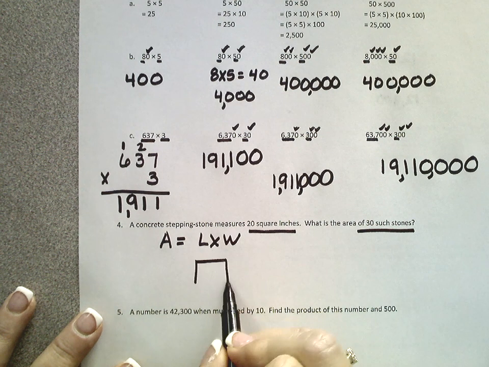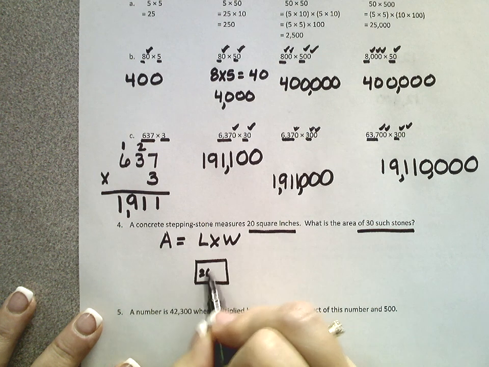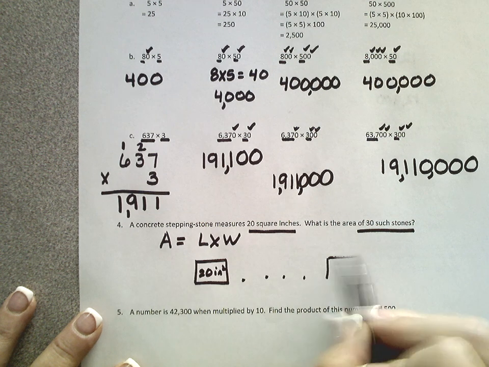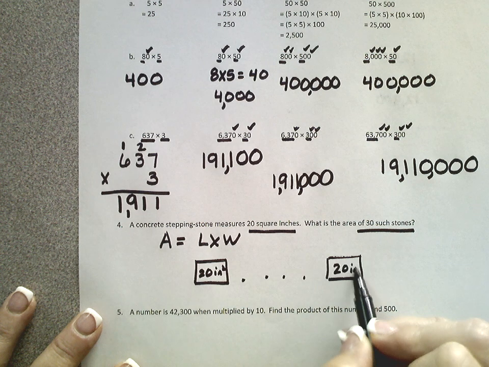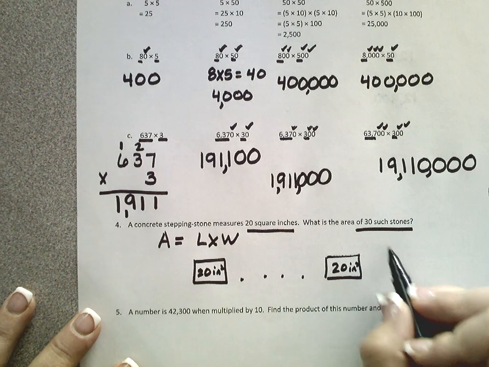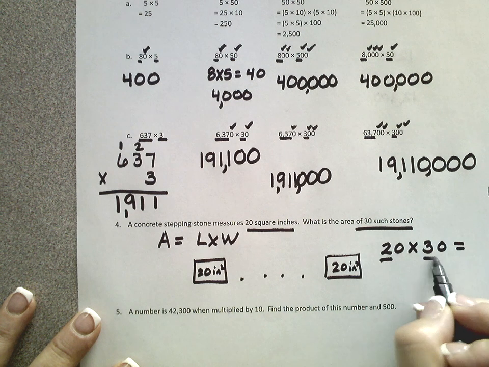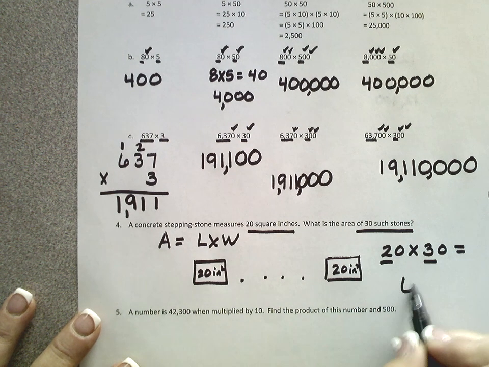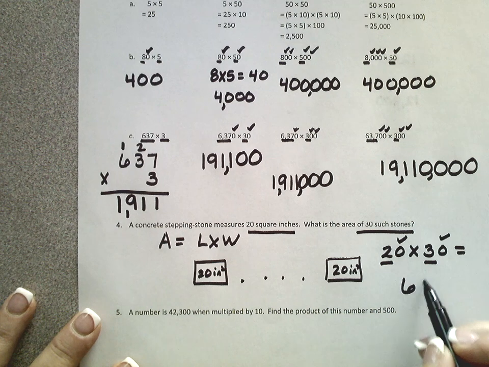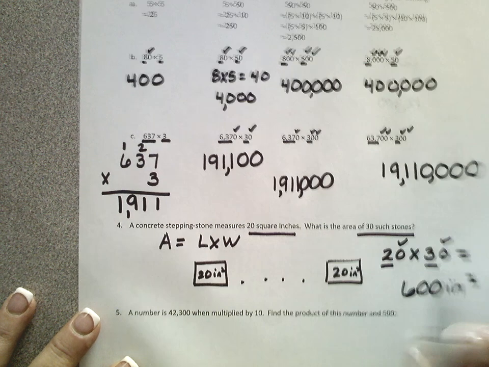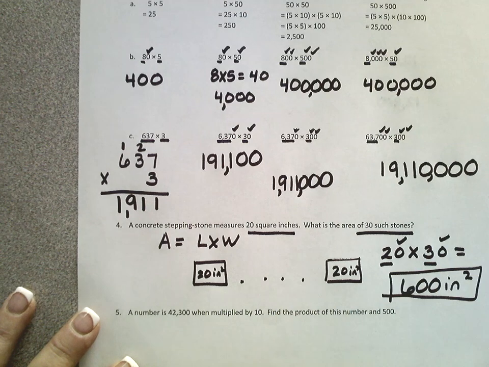So if I kind of draw it, this one is 20 square inches, and I got 30 of those. So I'm going to go ahead and do 20 times 30. Our fact is 2 times 3, which is 6. 2 zeros, so 600 inches squared would be our final answer for there.